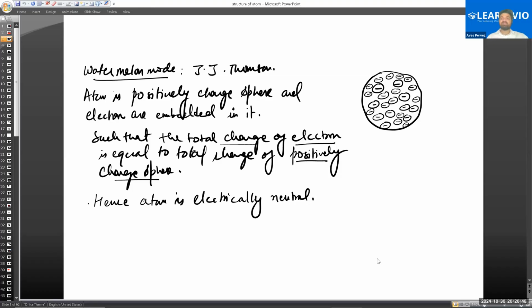So he said that the atom is a positively charged sphere and electrons are embedded inside it.